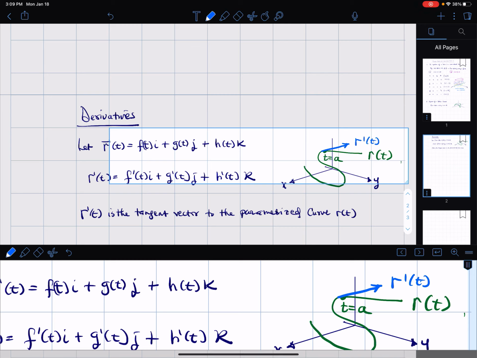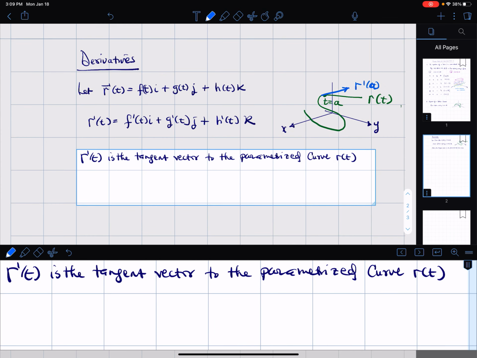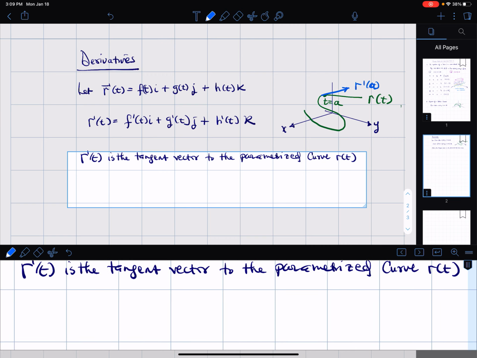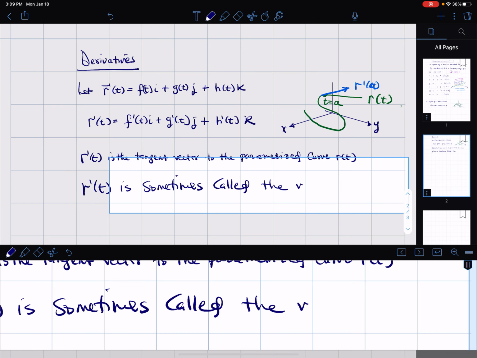This is r prime of t at a, if you plug in a. R prime of t is sometimes called the velocity vector.